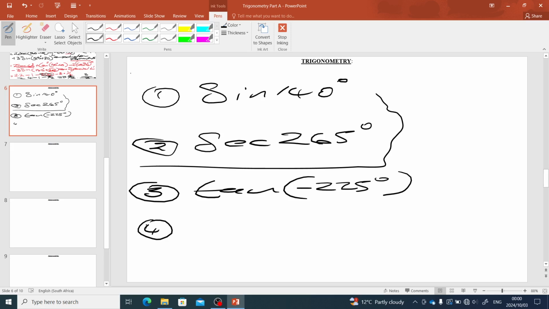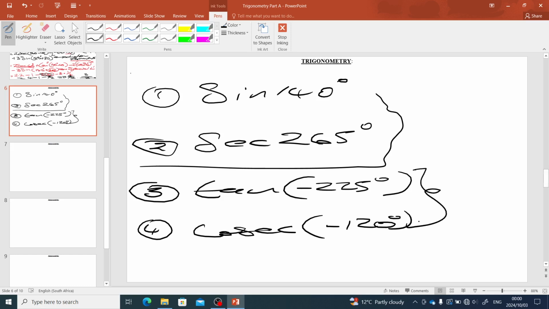And number 4 would be cosec of negative 120 degrees. On this one, they are saying without using a calculator, write down the exact values of the following.